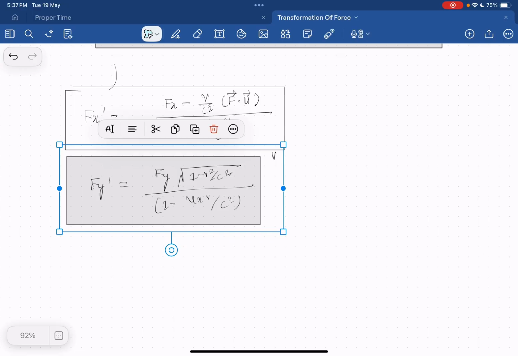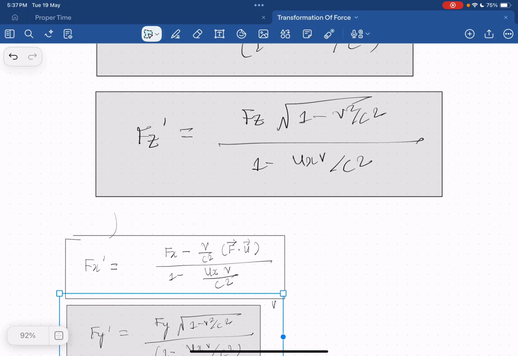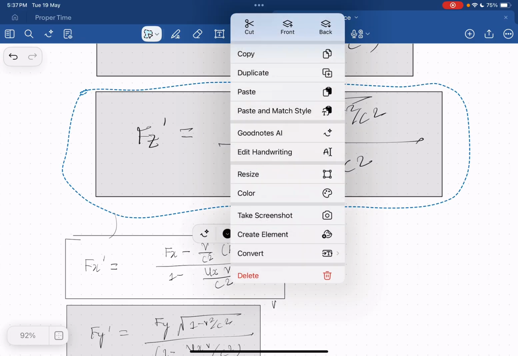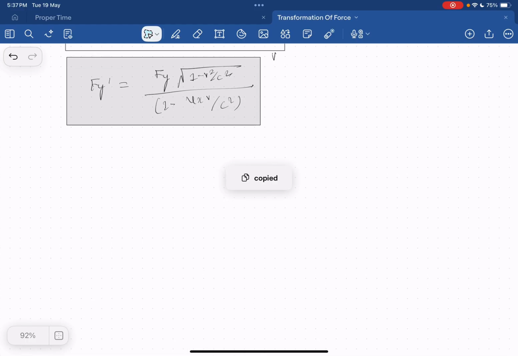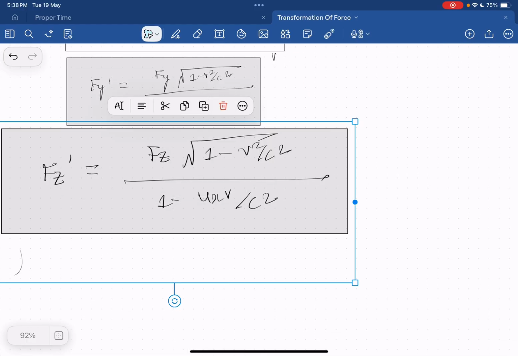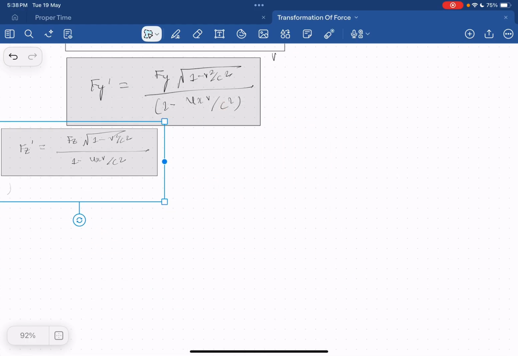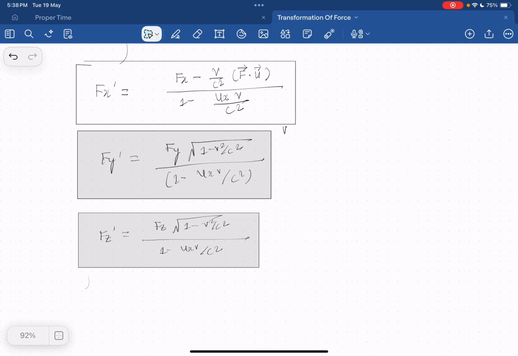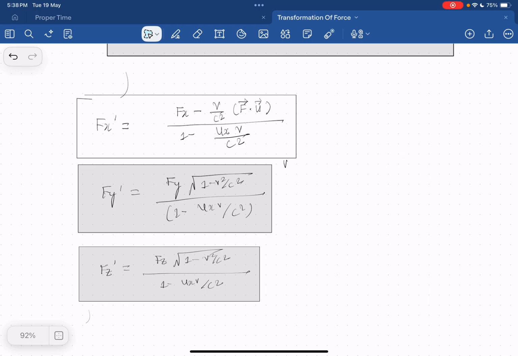And for the z component, this is the transformation relation. So here we have the transformation relations for all the components of the force.